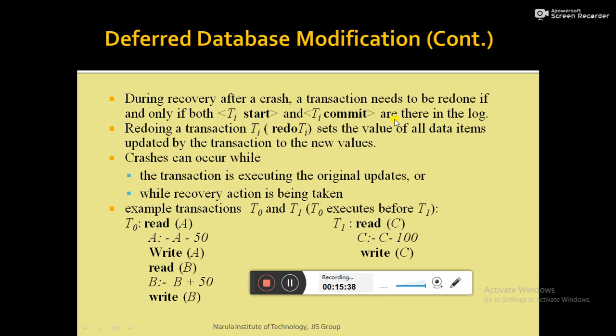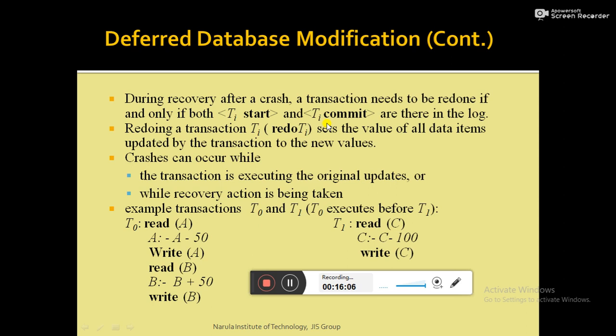Once the system has restarted, we need to consult the log records. If both entries, Ti start and Ti commit, are there, then we have to redo it. Why? Because from Ti start we can make sure the transaction has started, and if Ti commit is there, the transaction is committed.